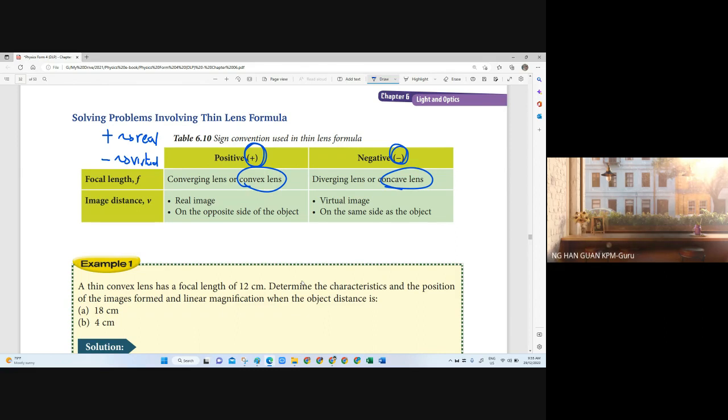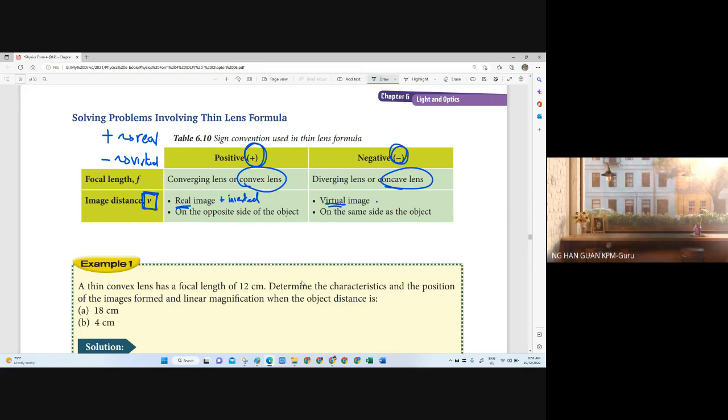Same also, once you get the v result, which is the image distance, when you get a positive, it's showing there is a real image. When the result is negative, it's showing there's a virtual image. So once you know there's a real image, you must know real is always inverted.